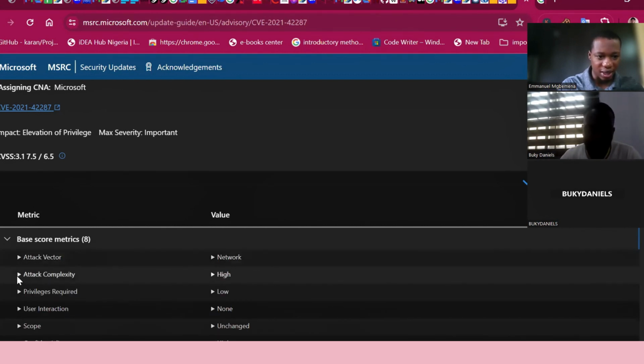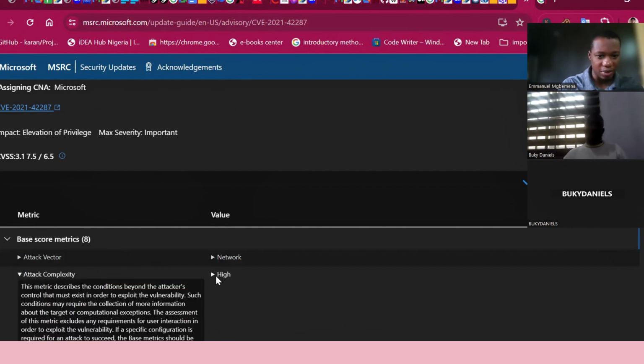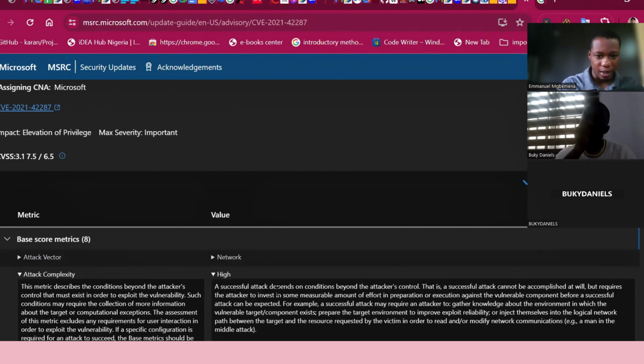How complex is this attack going to be if someone decides to exploit it? So I think this also describes the stuff. And then the value is high. So by it being high, what does it mean? Okay, a successful attack depends on conditions beyond the attacker's control.